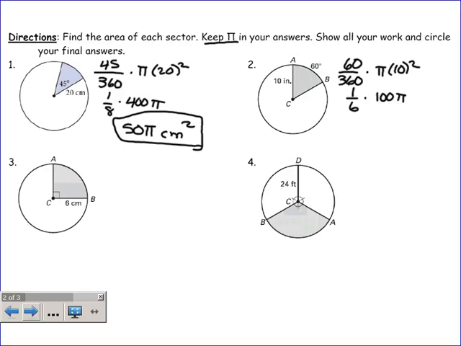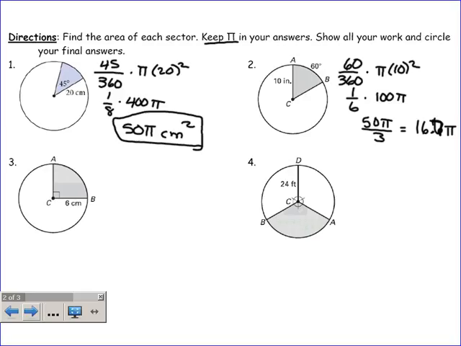That'd be kind of a nice way of doing it. That'd be 50 thirds. I don't know if this is a good way to write it. Maybe 50 pi thirds, something like that. Or 16 and 2/3 or 16.7. I don't know.